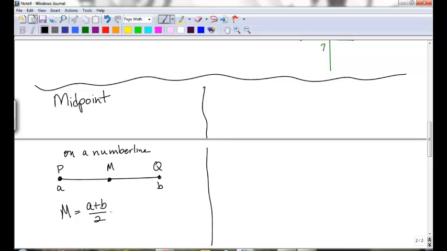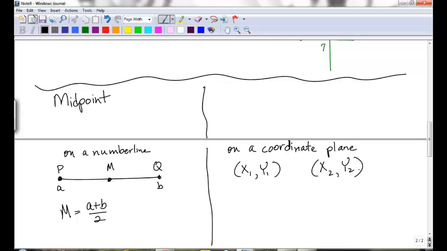So for the midpoint, you add the A and the B together and divide by 2. Don't make that hard. If you're on a coordinate plane, you'll be given 2 ordered pairs. So they'll give you an x sub 1 and a y sub 1 and an x sub 2 and a y sub 2.